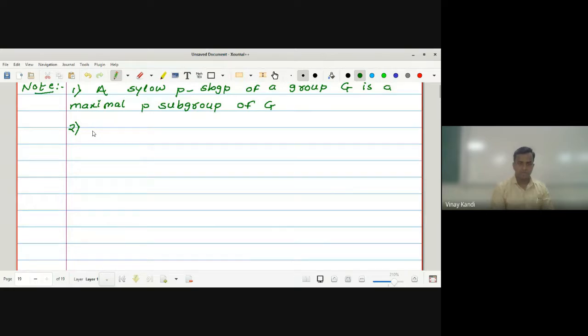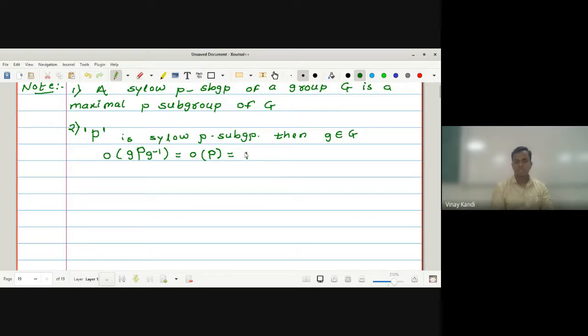If capital P, okay, not a prime number, this is the capital P, is a Sylow P subgroup, then for small g belonging to capital G, the order of g P g inverse is equal to the order of capital P, which is equal to P raised to n.